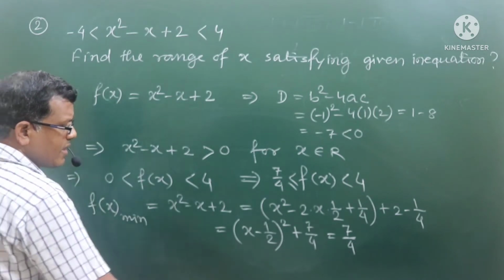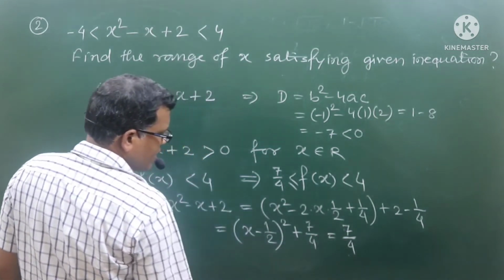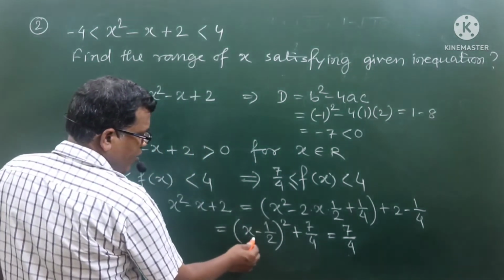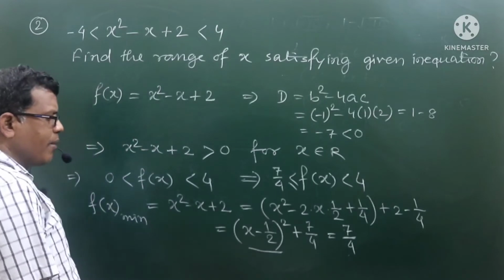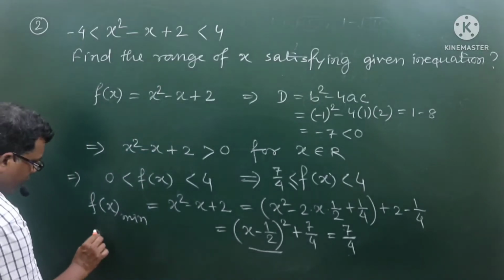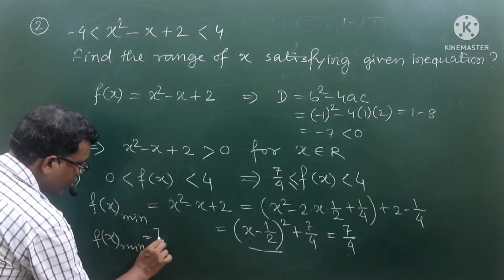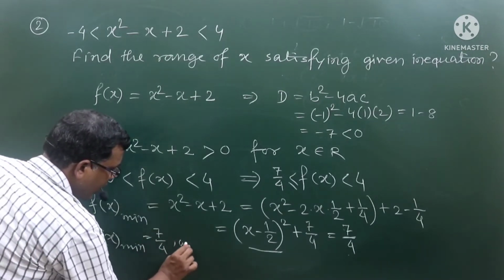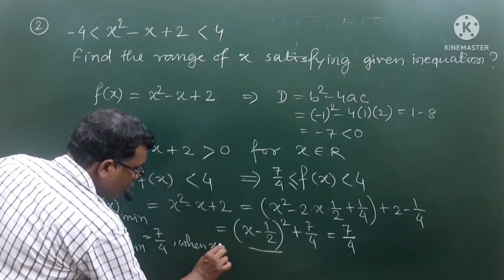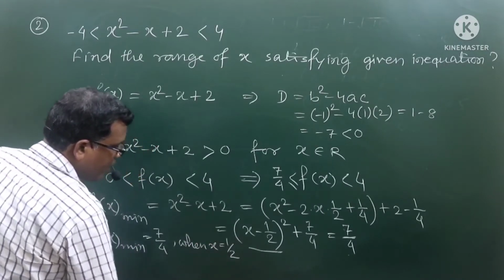So as far as the 7 by 4 minimum value is concerned, we get it when x minus half becomes 0. So f of x minimum is equal to 7 by 4 when x is equal to 1 by 2. Are you getting me?